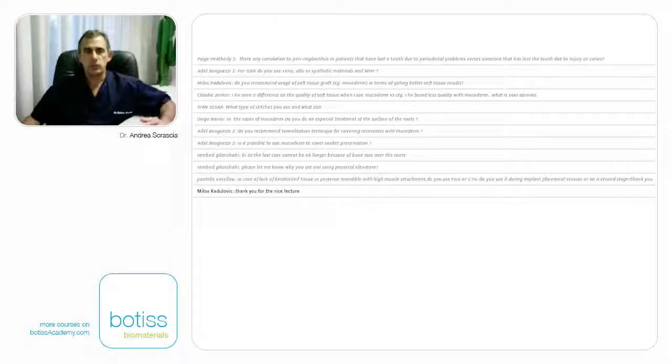If I have to do GBR, I put together the GBR and the mucoderm, and I delay the insertion of the implant. But if I need to do it contextually, I use contextually mucoderm or connective tissue graft or free gingival graft and the implant. This depends on the atrophy and the defect of the bone.